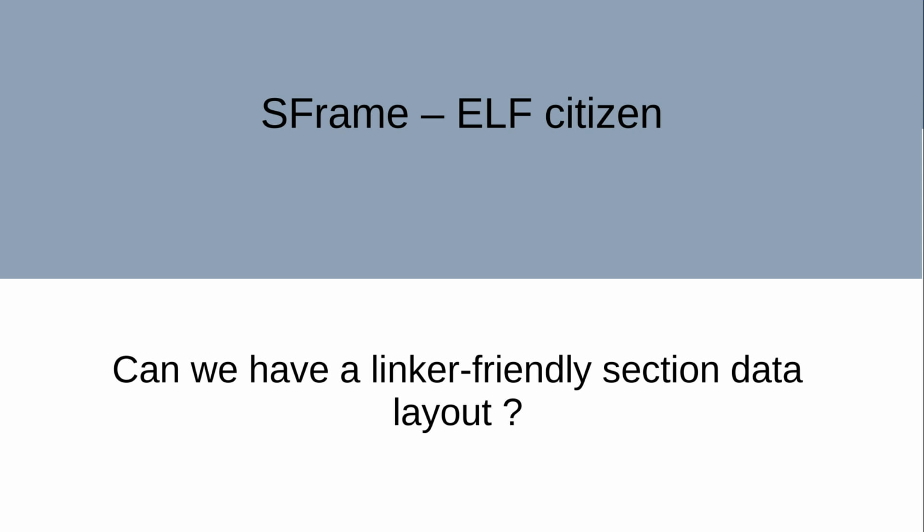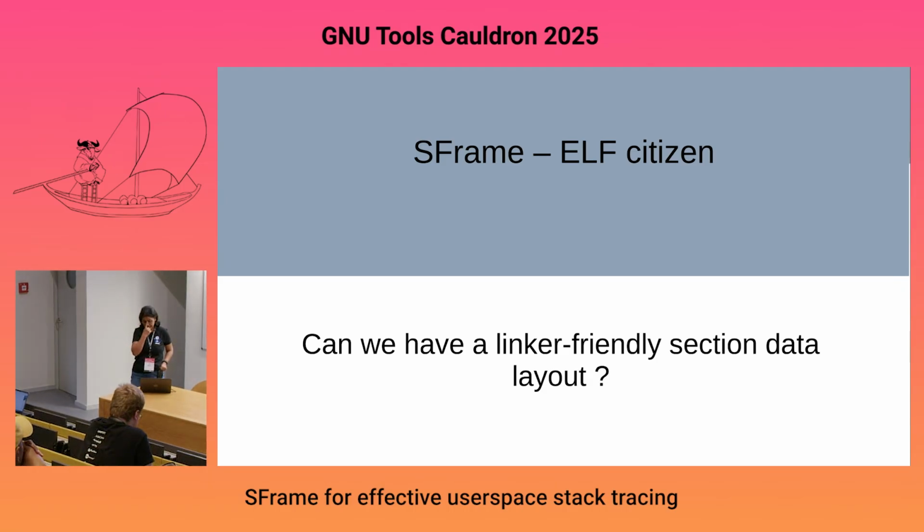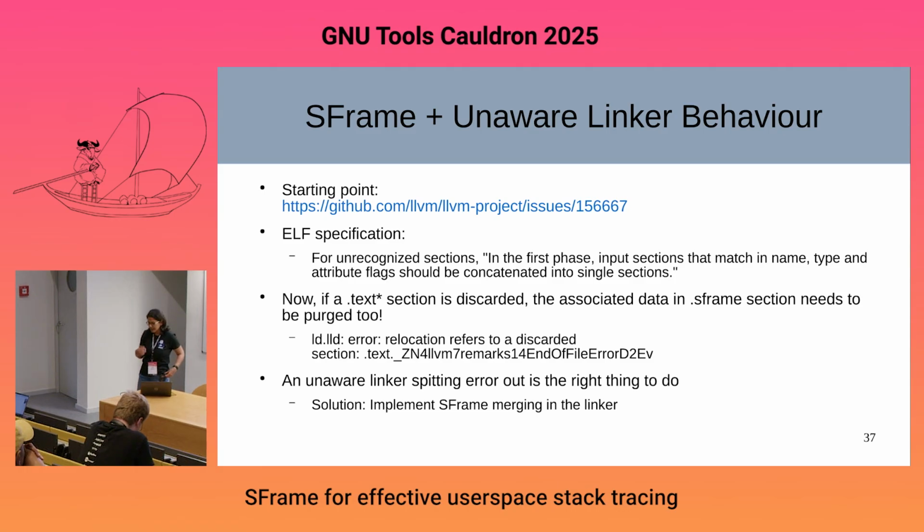Many of the decisions were driven by how SFrame sits as an ELF citizen. But now that we are progressing into more distro-wide testing, there is one issue that showed up. On the face of it, the issue is innocent.